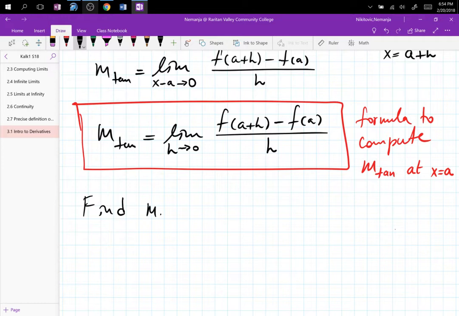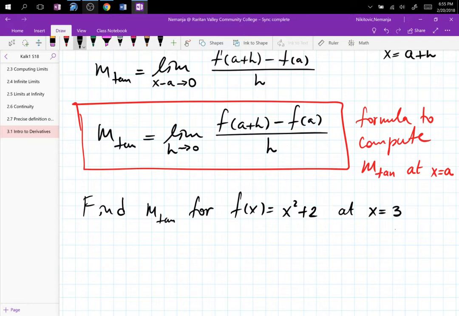Find m tangent for f of x equals, say, x squared plus 2 at x equals, say, 3. So find the slope of the tangent line for the function f of x equals x squared plus 2 at x equals 3.